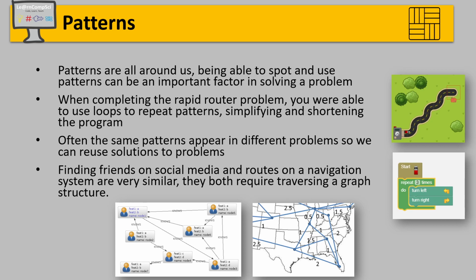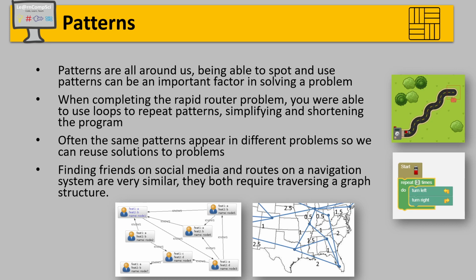So when you did the Rapid Router practice tasks earlier on, hopefully you spotted that there was a pattern in solving that one, and you had to just do turn left and turn right multiple times to get from one place to the other. We often find that these patterns appear in other problems, but we can then reuse some of the solutions to those other problems and apply them to the problem that we're working on.